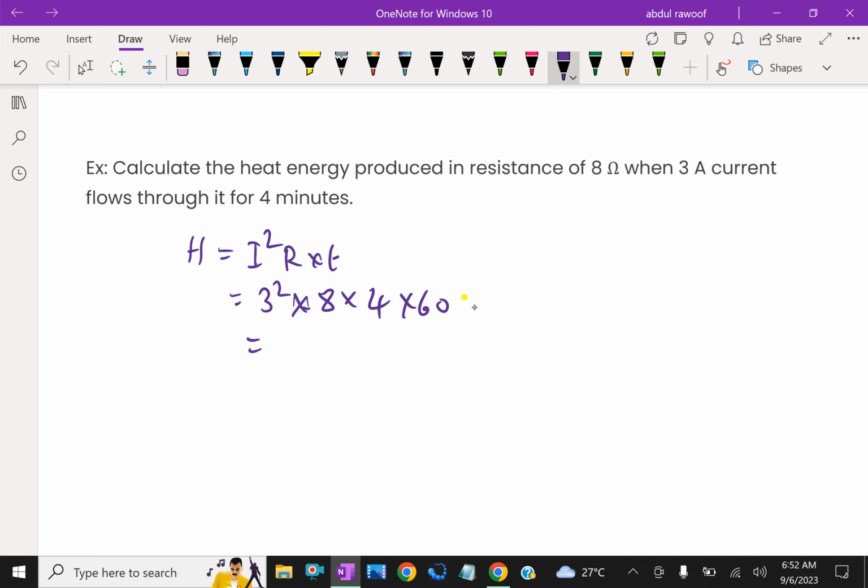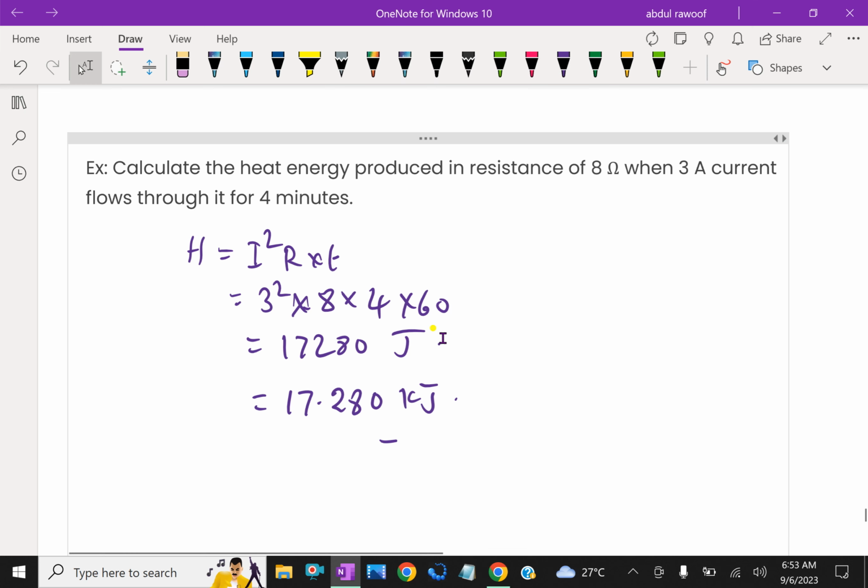Time should be in seconds. So which gives 17280 joules. Converting to kilojoules, it is equal to 17.280 kilojoules.